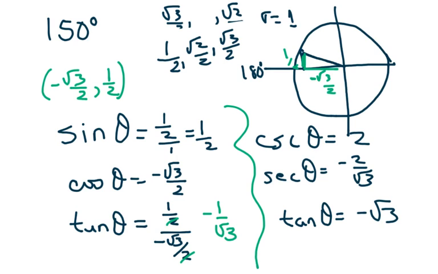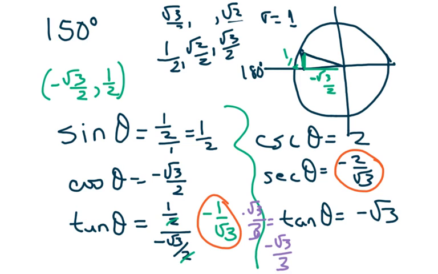Now the ones we have to fix are these two. So you just rationalize the denominator by multiplying by root 3 over 3. And that gives you negative root 3 over 3. And this one you multiply by root 3 over 3. And that gives you negative 2 root 3 over 3.